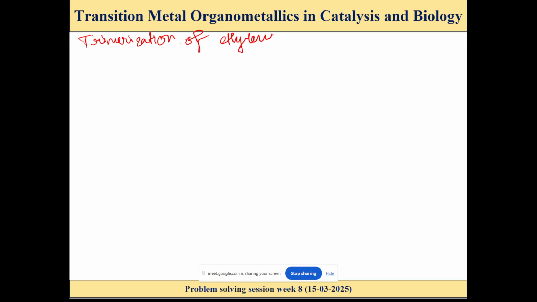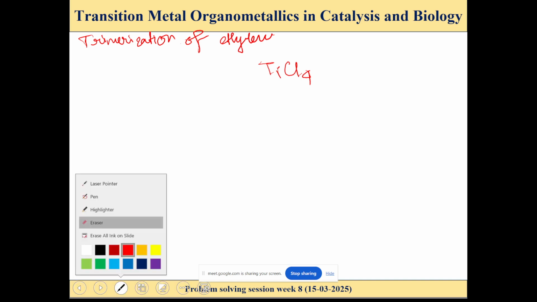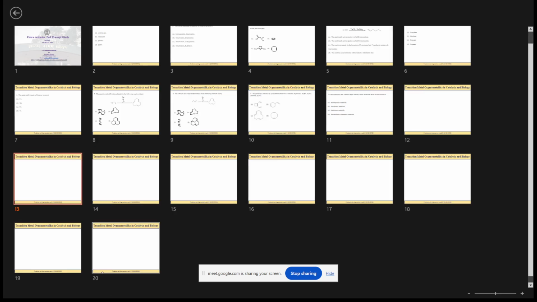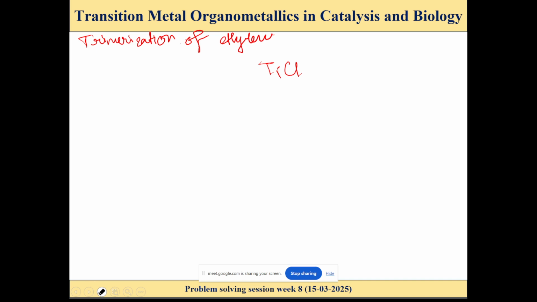First, the catalytic intermediate, which is the active species, starts from TiCl4. Now it is converted to TiCl3.